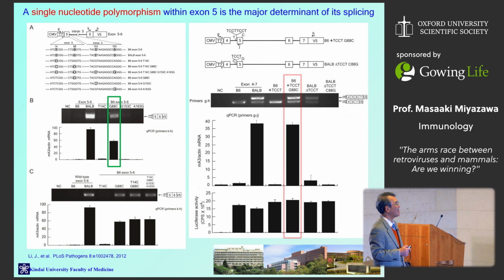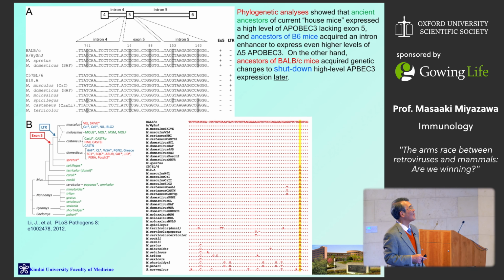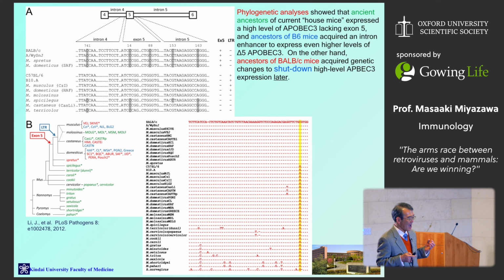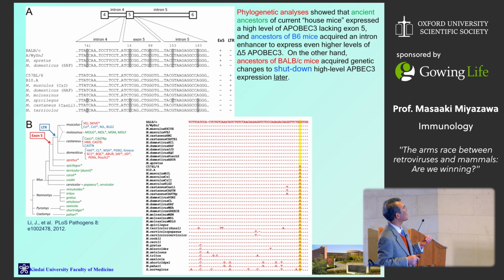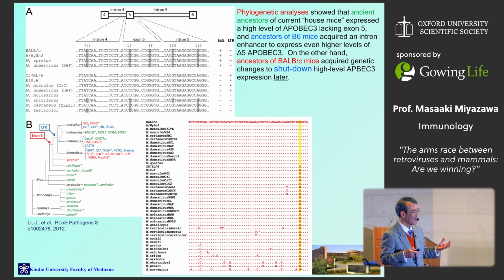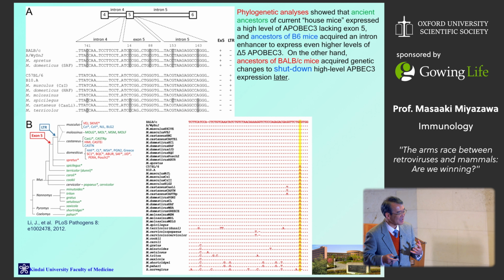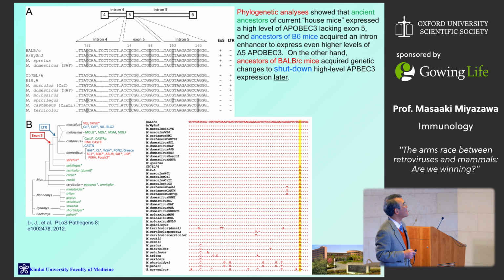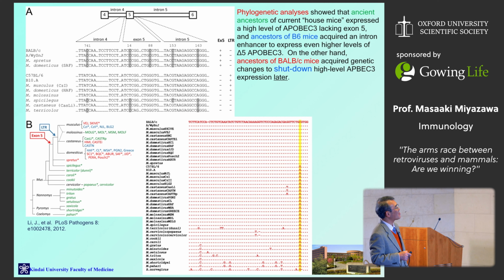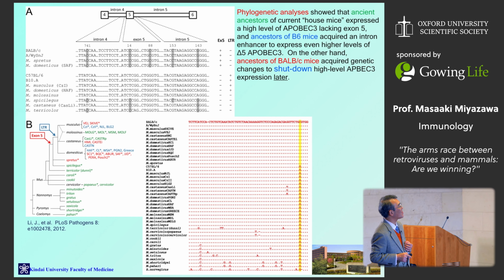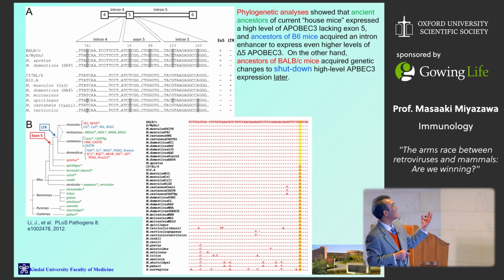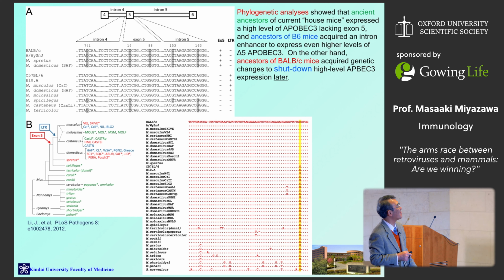So let's go further. So we wanted to know how the resistant strain B6 or B10 acquired this resistance-associated genetic trait. Okay, so we have susceptible strains of mice, laboratory animals, and resistant strains of animals. And we know that, now we know that only one single nucleotide substitution is responsible for the inclusion or exclusion of exon 5.